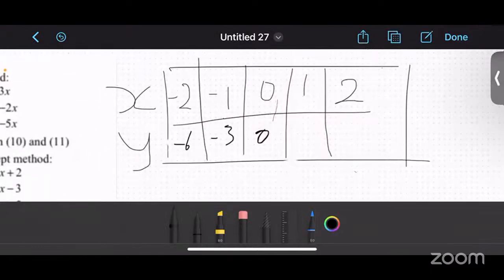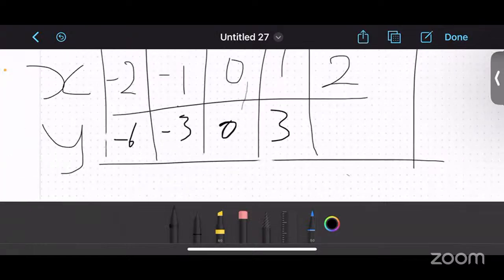Next write y equals 3 bracket 1 close bracket. The answer will be +3. Then next write y equals 3 bracket 2 close bracket. Then your answer will be +6.